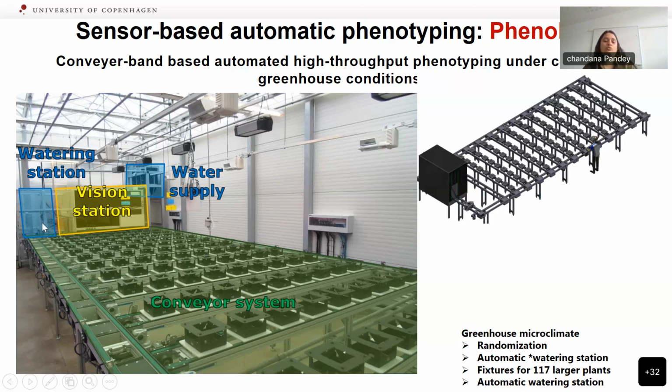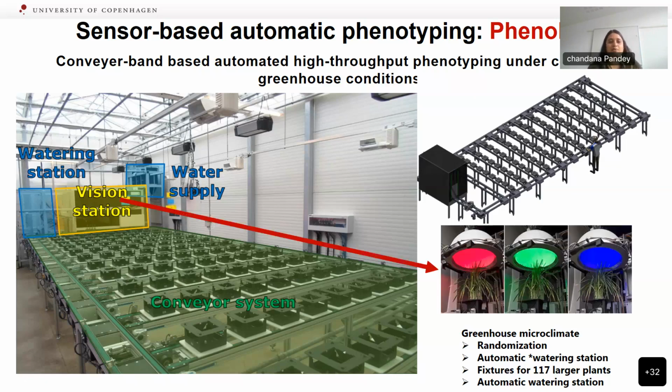If we want to irrigate the plant, it can be irrigated as many times as we set up in the system. We just tell the machine we want this watering supply, and then it goes automatically.